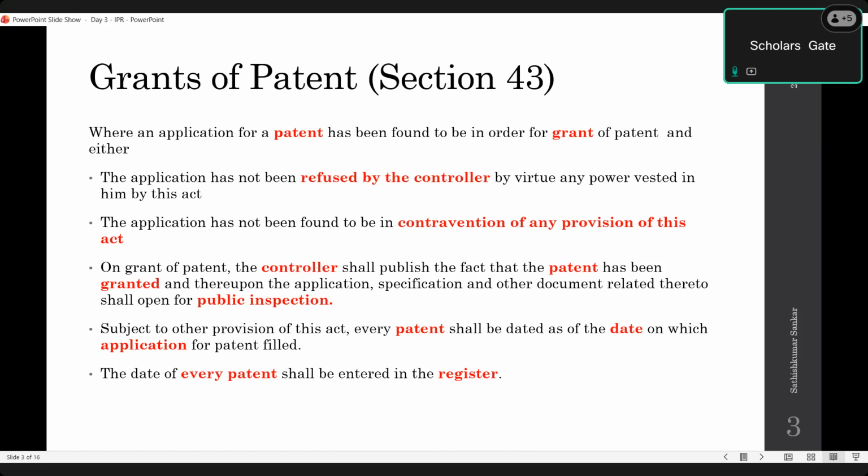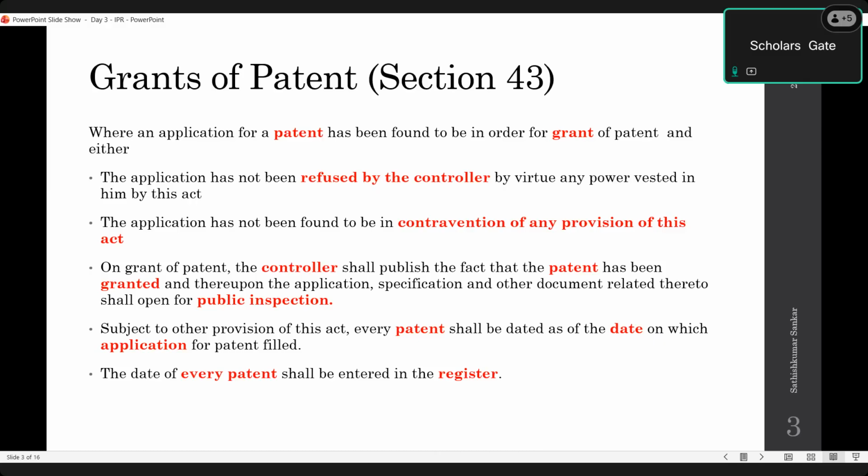Once the secrecy direction is removed from that invention, only then does it move on to the further process. So the patent must not be in contravention of any provision of this Act. That is the most important thing for successfully getting the patent granted.